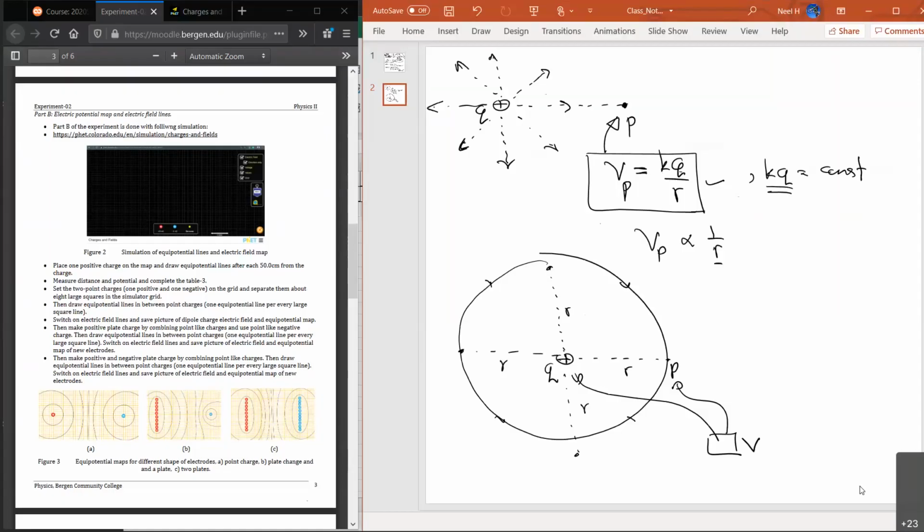So that is called an equipotential line. The potential is equal everywhere on that line. That's the idea of equipotential. Get it? Any question so far? Anybody have any question on that?